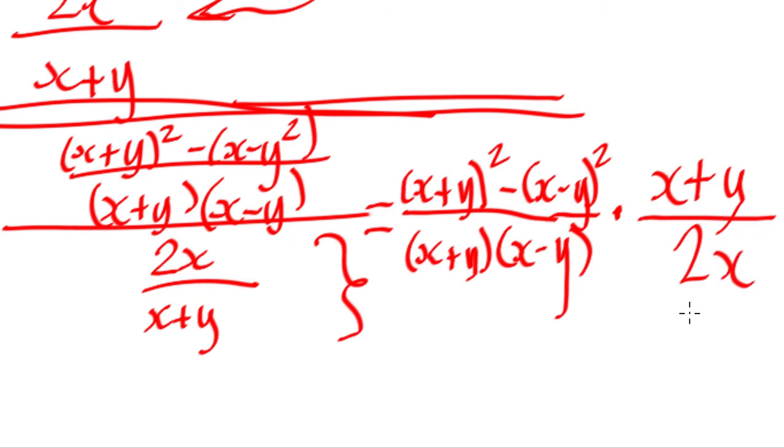From here we can see that we can cancel some things before proceeding. We can cancel the x plus y here with the x plus y over here. Then what do we have? Let's simplify that. We have x plus y quantity squared minus x minus y quantity squared, all over 2x times x plus y.